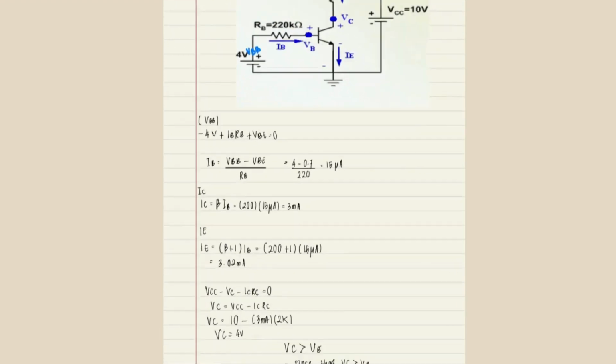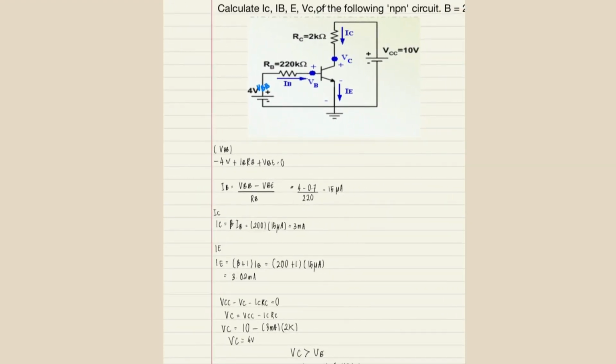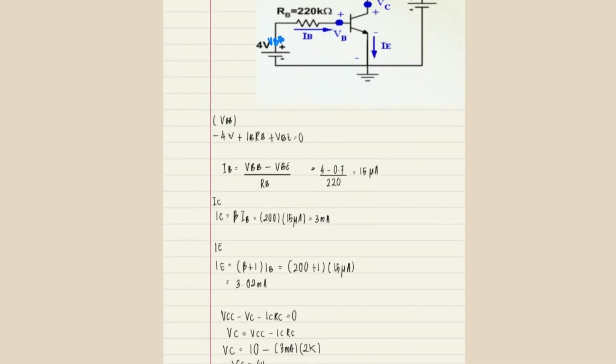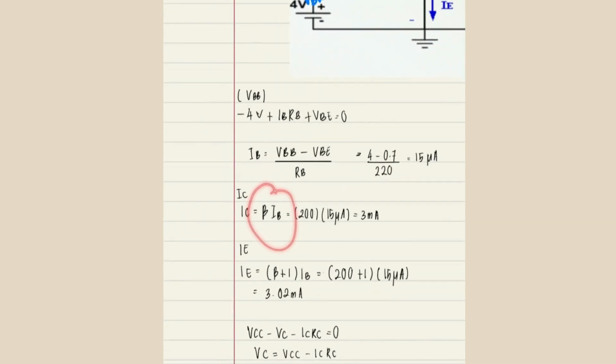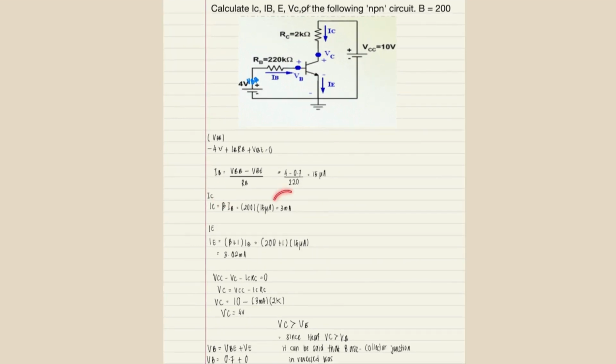In the circuit, we want to find IC, IB, IE, and VC. So first we want to find IB. We use Kirchhoff's voltage law, with VBB, IBRB, and VBE, and get IB equals 50 microampere. And for IC, we put the values into this formula and we get IC equals 3 milliampere.